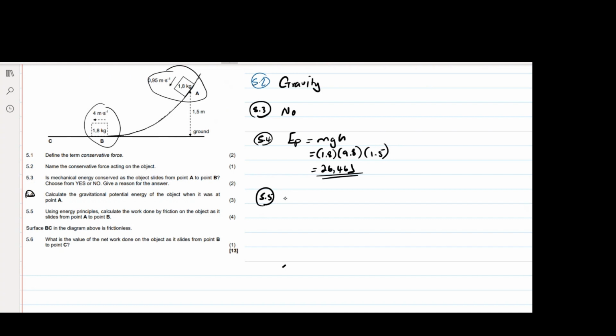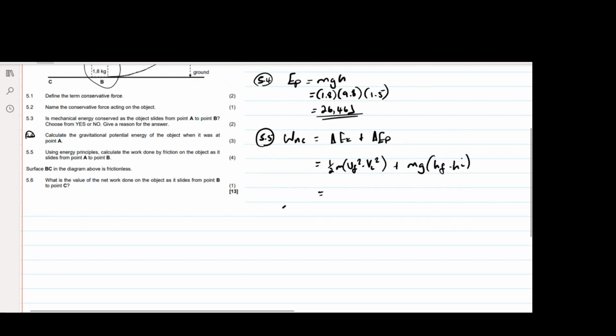Another way would be to say work done by a non-conservative force is equal to the change in kinetic energy plus the change in potential energy. That means half mass times V final squared minus V initial squared, plus the change in potential energy, which is mg times final height minus initial height. That will be the work done by friction.